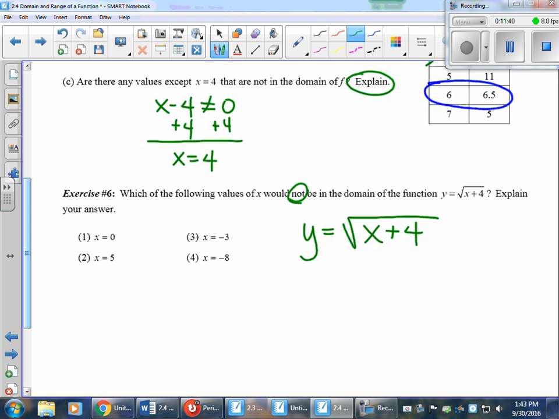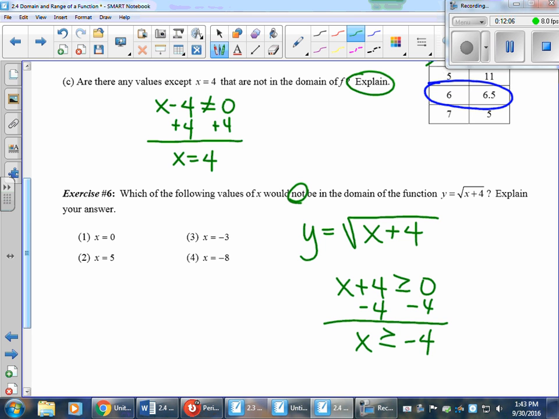Hopefully you remember that you cannot have a negative underneath that radical, especially when you're graphing. So we have to make sure that x plus 4 stays greater than or equal to 0. That's the only way this function is going to be defined. So if we subtract 4 from both sides, that means that x must be greater than or equal to negative 4 in order to be defined.